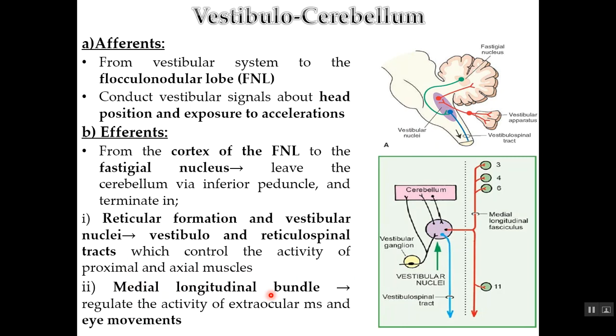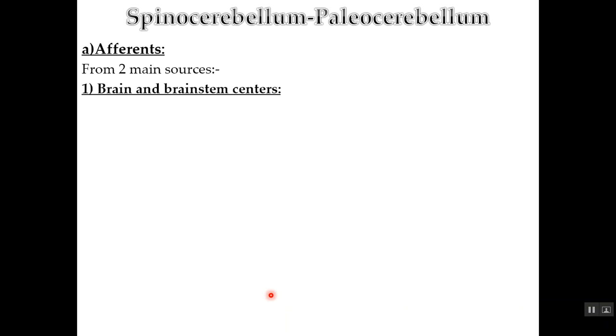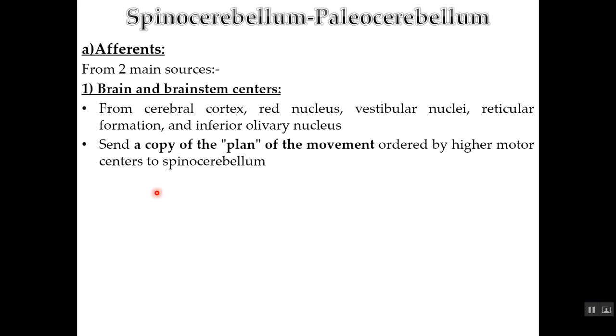This is the vestibulocerebellum. What about the spinocerebellum or paleocerebellum? It receives afferents from two main parts. Number 1, from the brain and the brainstem centers, including the cerebral cortex, red nucleus, vestibular nuclei, reticular formation, and the inferior olivary nucleus. What is the significance of this information?